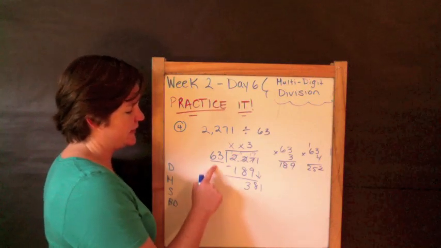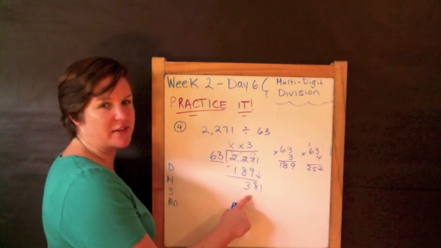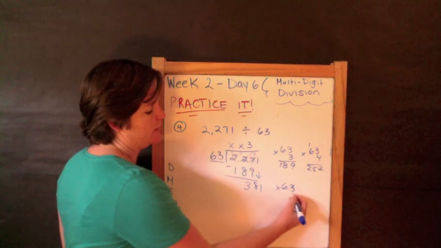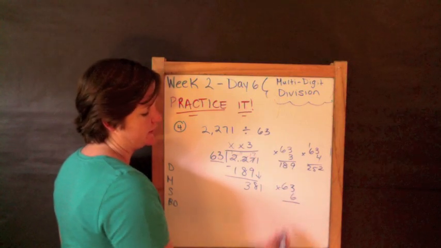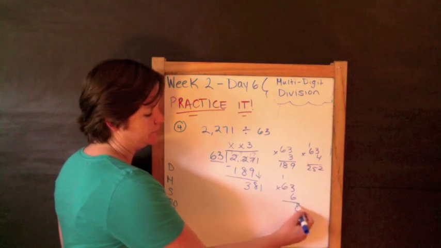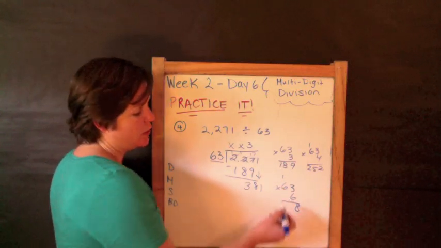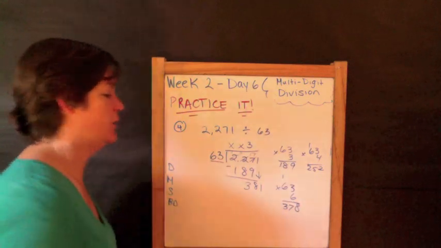So 60 times, I'm going to say 6, because I know 60 times 6 is 360. So this has got to be pretty stinking close. 3 times 6 is 18. 6 times 6 is 36. Plus 1 is 37. That is really close.